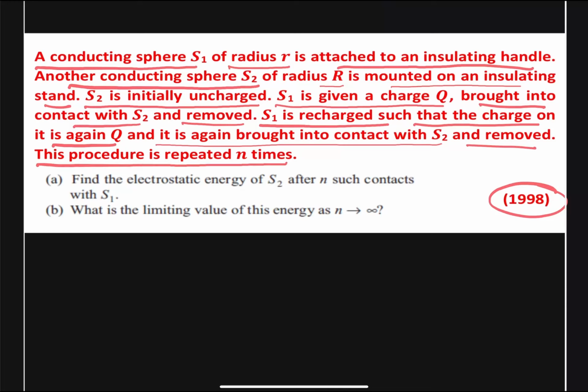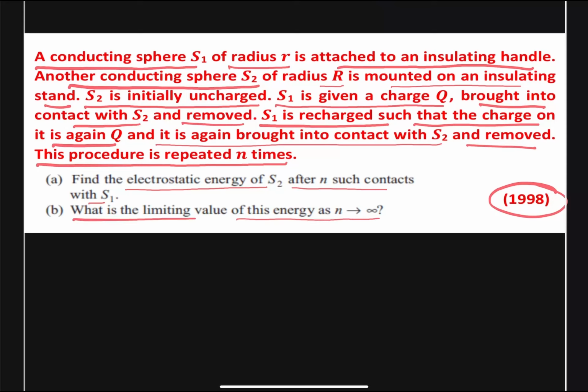So based on this description, we have two questions. First, find the electrostatic energy of S2 after n such contacts with S1. And part B, what is the limiting value of this energy as n tends to infinity.